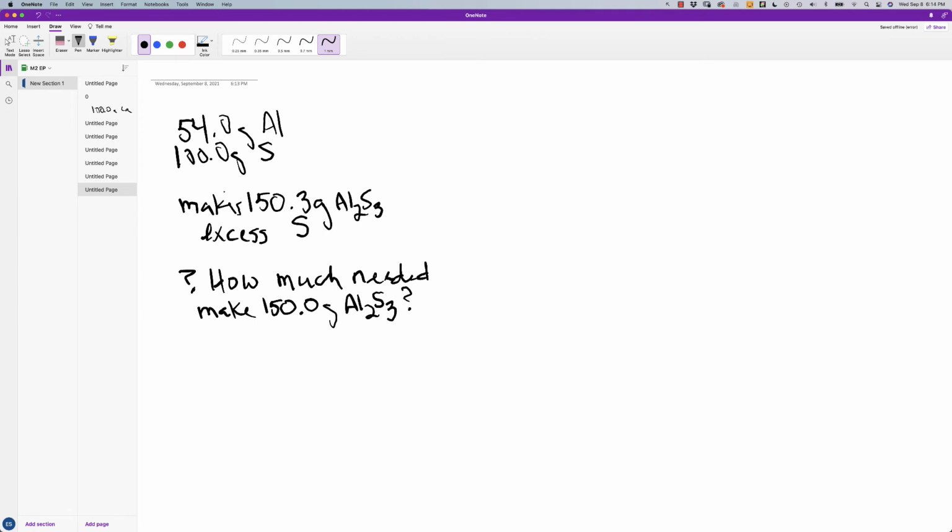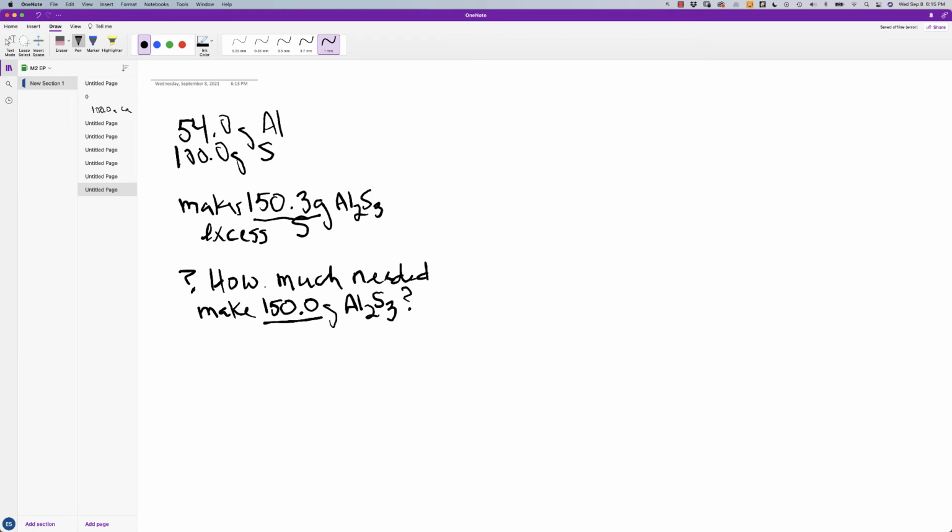Our initial sample, we made 150.3 grams of aluminum sulfide. If you notice, in our final answer, they want to know what's needed to make 150.0 grams. That is a tiny difference, 3/10 difference. It's also less than what we started with. That doesn't matter. Because of the law of definite proportions, we could still use our ratio or the multiples to get the correct value of reactants needed.